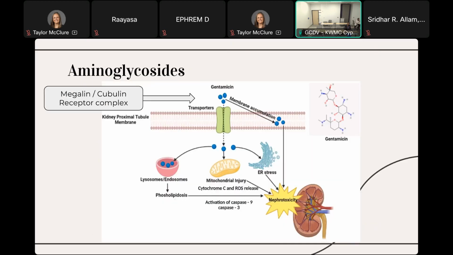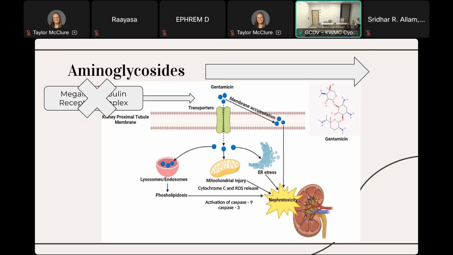And why is that? Going back to our slide, excess aminoglycoside binds to the megalin-tubulin complex, and that's how it is taken into the cytoplasm. So if we give the patient a lot of aminoglycoside at one time, there are only so many megalin-tubulin receptors in the proximal tubule, and they can be saturated. Once they're saturated, that excess aminoglycoside will be excreted and would not cause any extra nephrotoxicity.